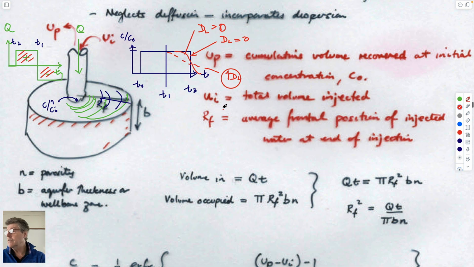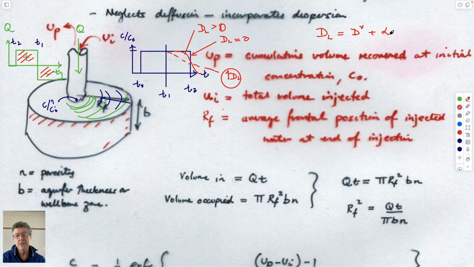And that also doesn't give you a very good solution. And the reason it doesn't give you a very good solution is that we think that the longitudinal dispersion is equal to the diffusive part plus this term multiplied by the advective velocity. I guess this would be radial velocity. And so it's a function of this velocity.